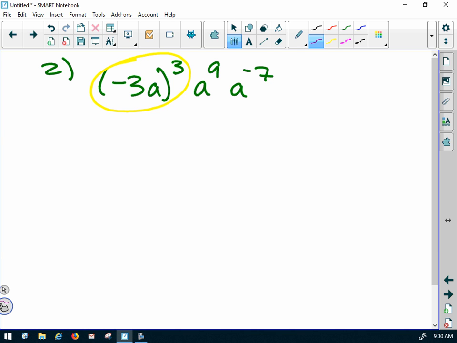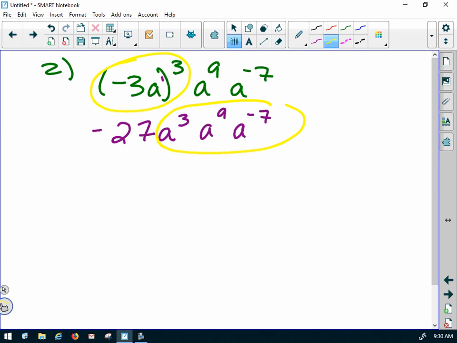Negative 27 times a to the 3rd power. Now we're just going to write down everything else. Does that a to the negative 7 need to go to the basement? Could, but we could do something else. When you multiply like bases, what do you do to the exponents? Add them. So this is negative 27, a to the 12 plus negative 7, or 12 minus 7.